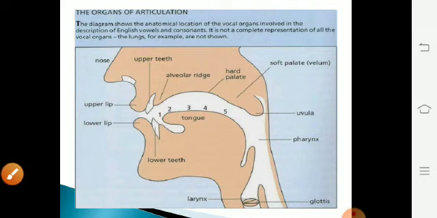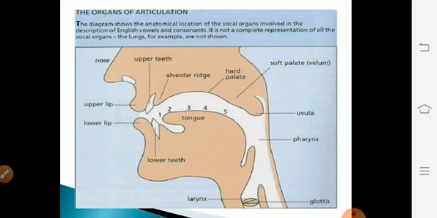I hope this diagram is clear to you. Till now we have learned that organs of speech help in the production of speech sounds, and we have seen the three different systems: the respiratory system, the phonatory system and the articulatory system, which are all important in the production of speech sounds. And here we are talking about the 44 speech sounds of English, that is vowel and consonant sounds.